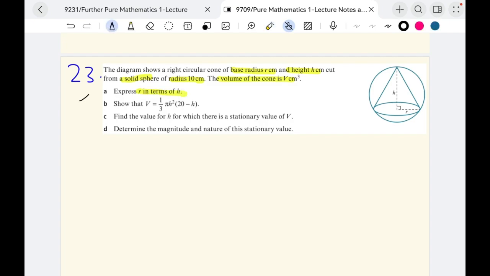Alright. So the solid sphere has a radius of 10, which means that here is the center point of the solid sphere. This has a distance of 10, as well as this. But this line has the height of 10.